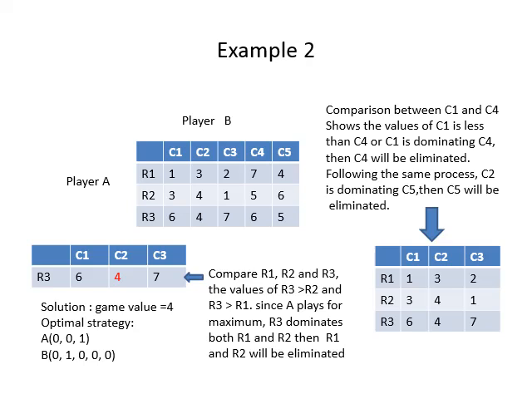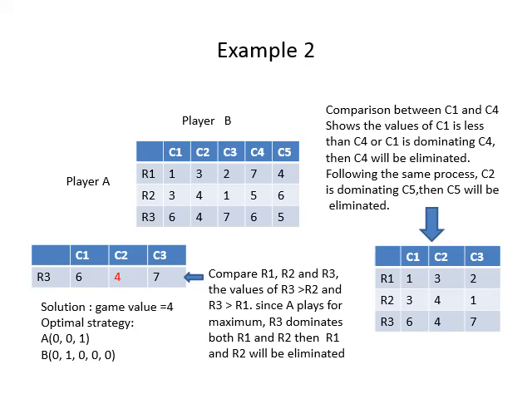Now move to the comparison between C1 and C4. C1 is less than C4 because 1 is less than 7, 3 is less than 5, and 6 equals 6.